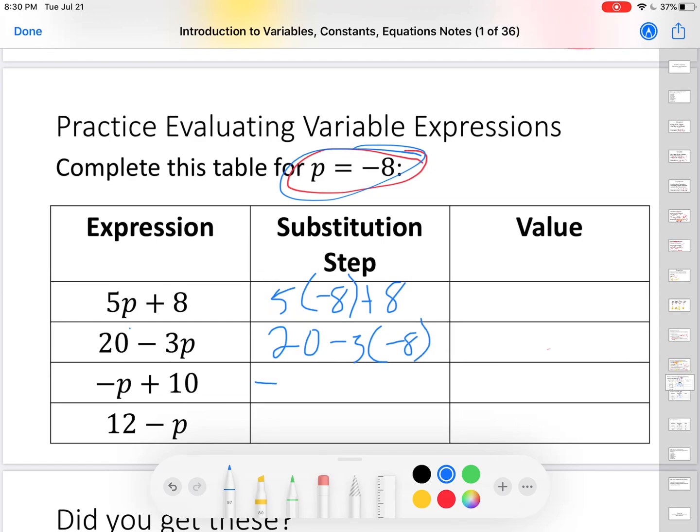Opposite of p plus 8 would be the opposite of negative 8 plus 10. 12 minus p is 12 minus negative 8. See how I substituted in each case? P for negative 8 each time. Make sense? So now let's find the value.